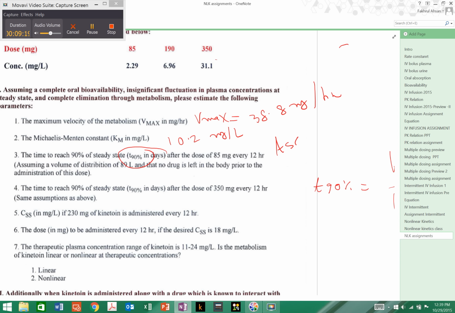You see that everything they are asking for is in days, but our Vmax is in hours. So this needs to be changed also, and here the dose is given every 12 hours, so that we have to change.